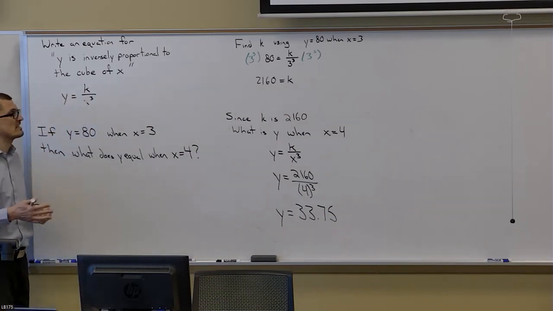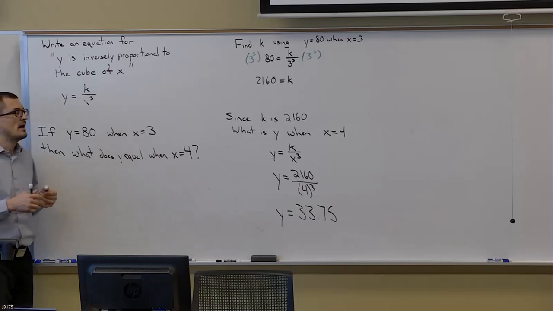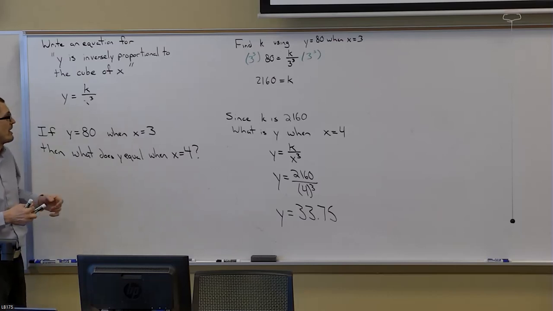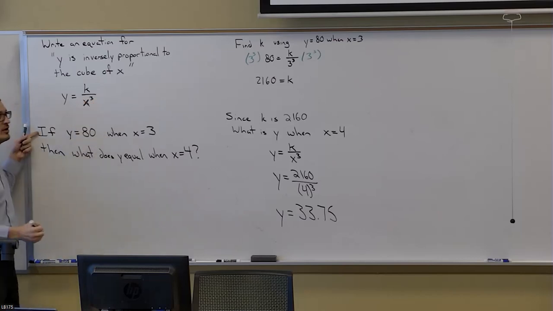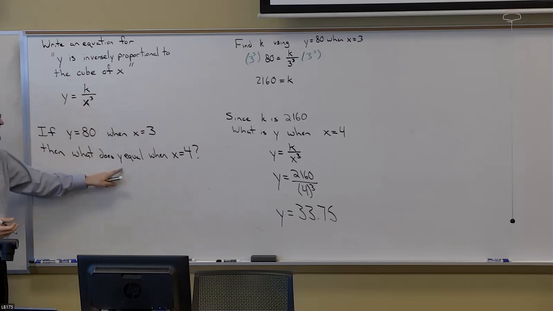And that's basically all of the proportionality. Now, by the way, just so that we're all on the same page, you could have just as easily said when y is equal to 80, x is equal to 3, what does x equal when y is some crazy value?